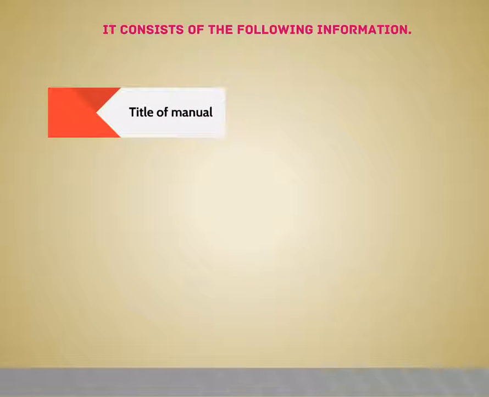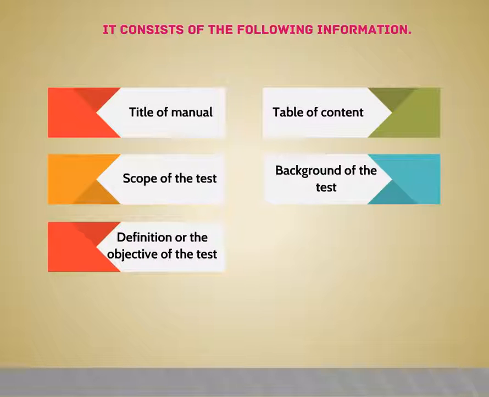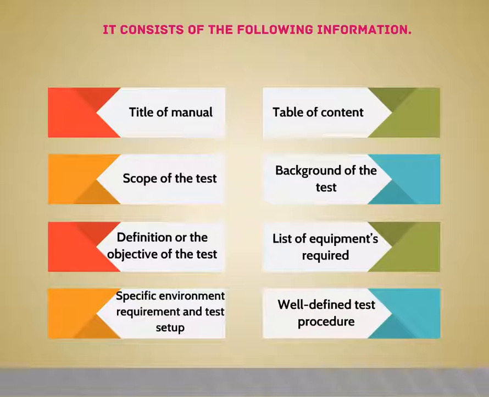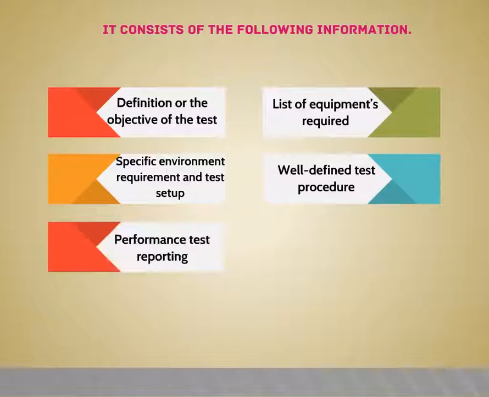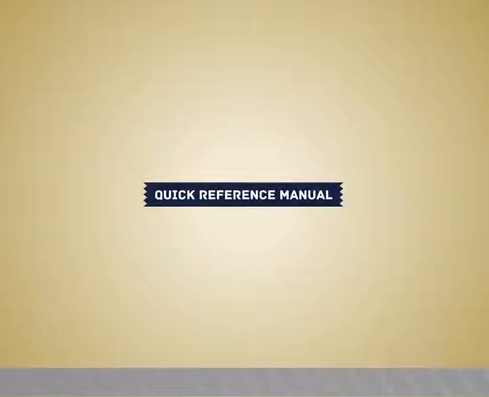It consists of the following information: title of manual, table of contents, scope of the test, background of the test, definition or the objective of the test, list of equipment required, specific environment requirement and test setup, well-defined test procedure, performance test reporting, final test report, test report view, compliance test report, quick reference manual.